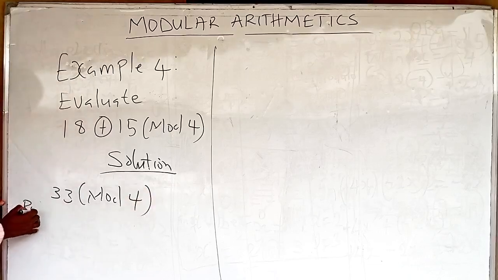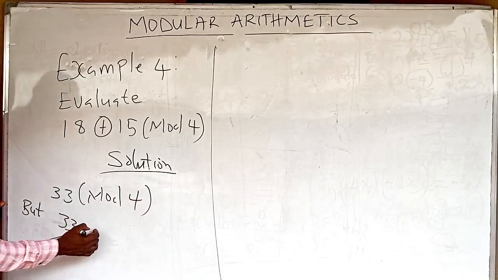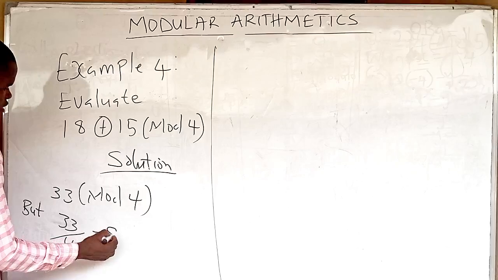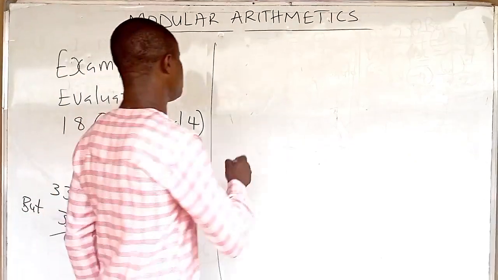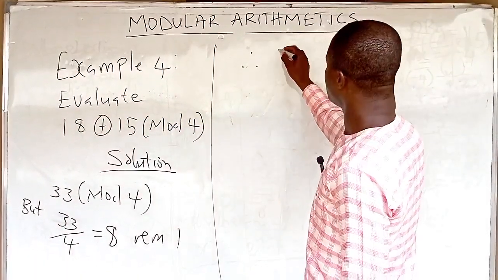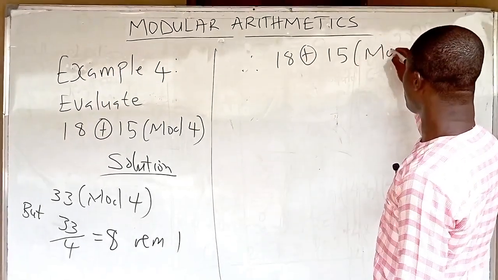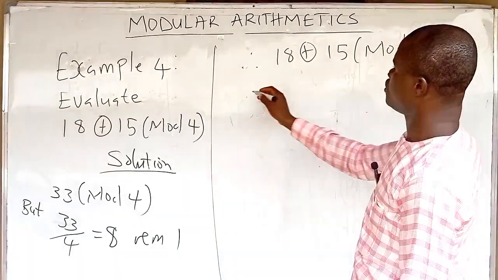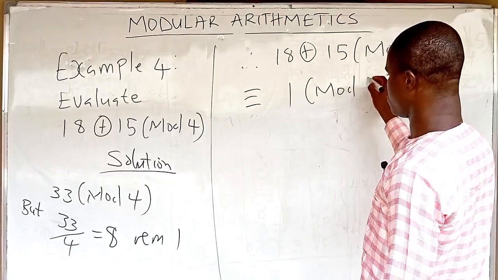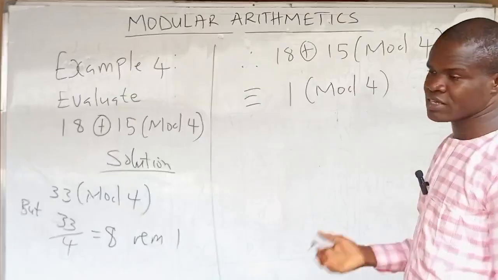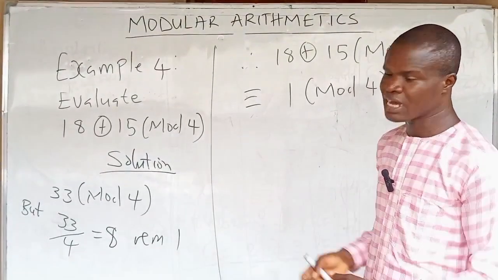And then, 33 divided by 4 will give us 8, remainder 1. So therefore, 18 plus 15 in modulo 4 is equivalent to 1 modulo 4. So modular addition is very simple. Just add the two numbers and then reduce it to its equivalence in that modulo.